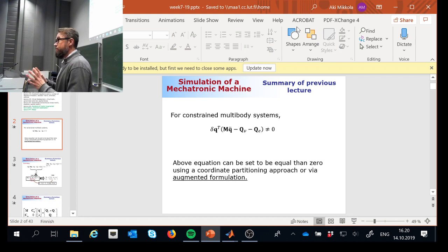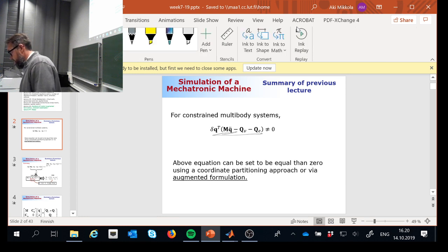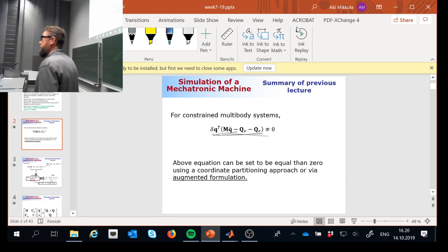If you have constraints, meaning that there is a constraint that limits the motion possibilities with neighboring bodies, then you cannot set this equation that is shown up here to be equal to 0. Now let's see how is my writing today. So yeah, look, it's automated, so it works fine. So this equation you cannot set to be equal to 0 if you have a system with constraints. Why is that?